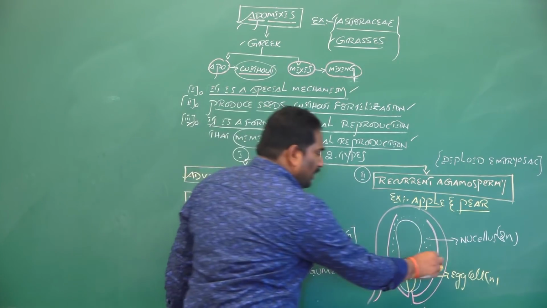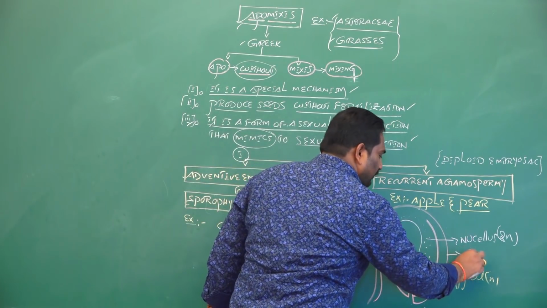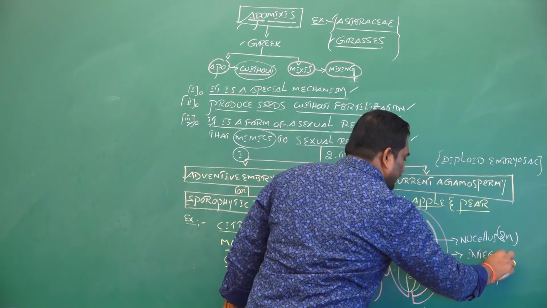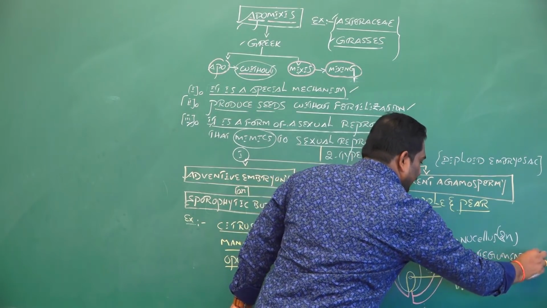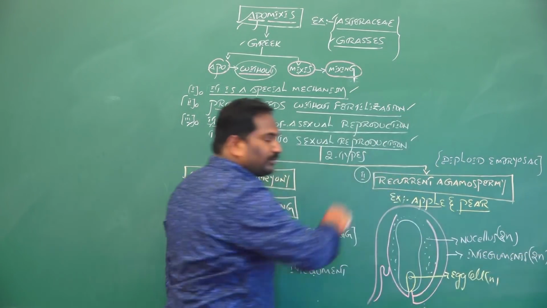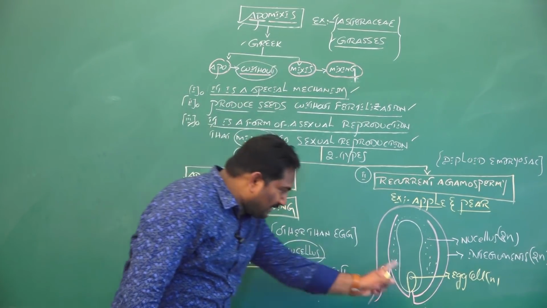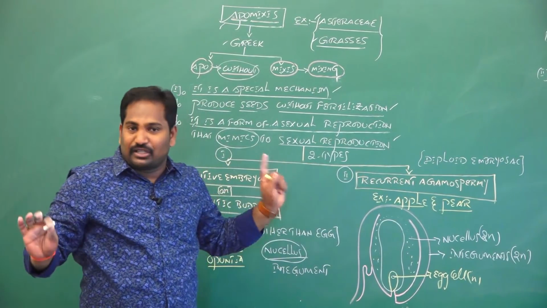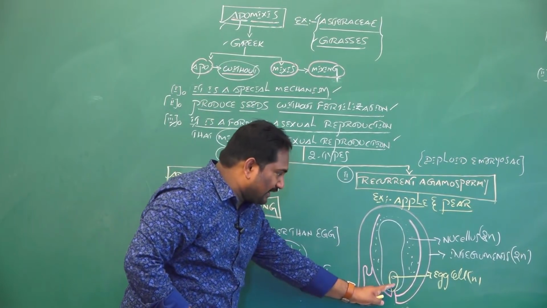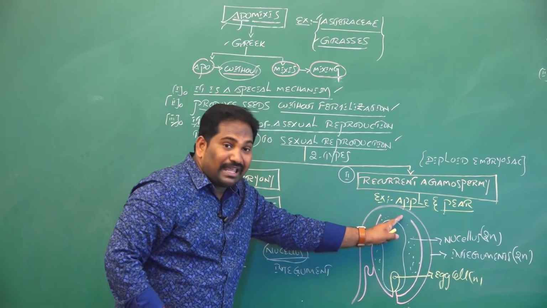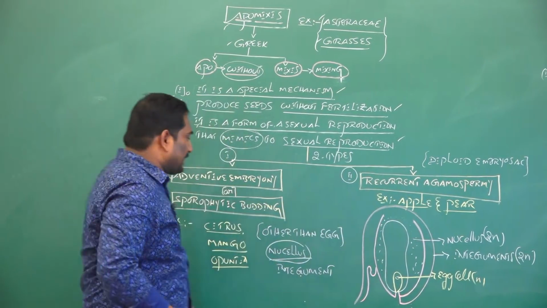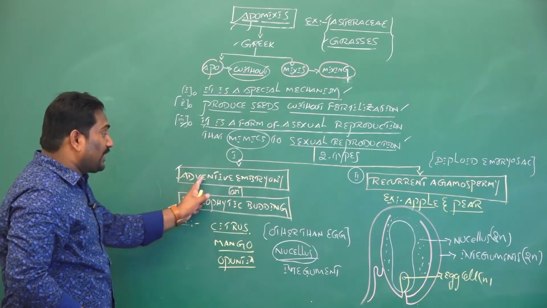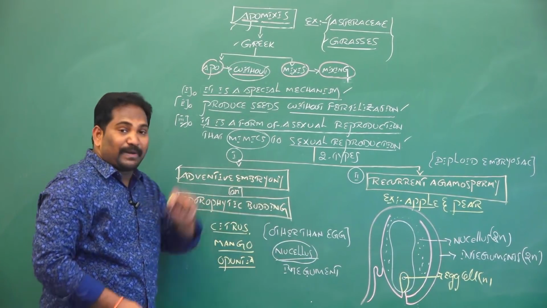And the ovule is a megasporangium, surrounded by protective layers called integuments. The integuments are also diploid. Other than the egg cell, because there is no fusion of egg cell and male gamete during apomixis, other parts of the ovule can develop into a diploid embryo. Such apomixis is called adventive embryony or sporophytic budding.